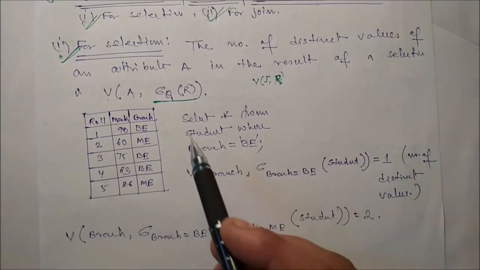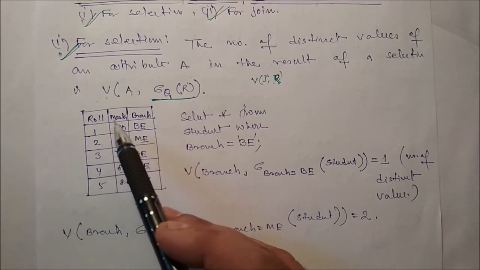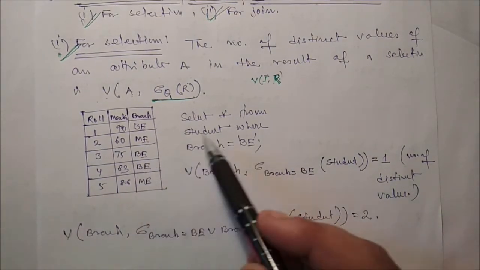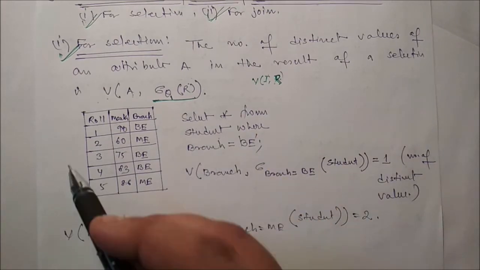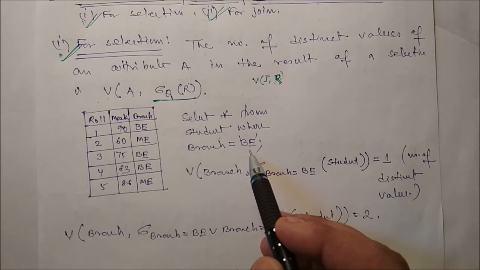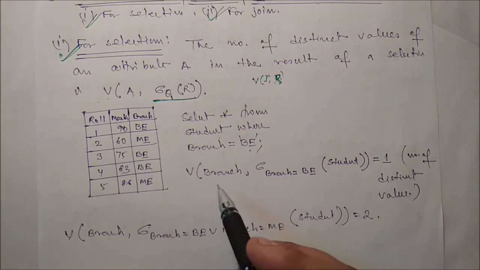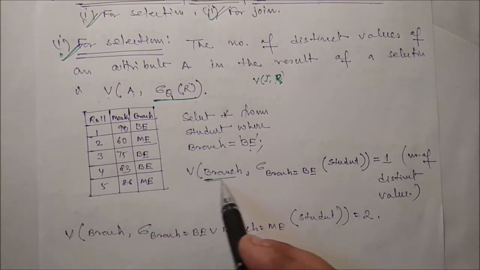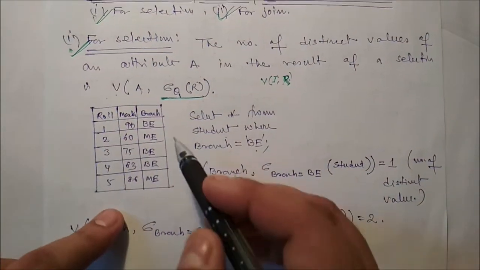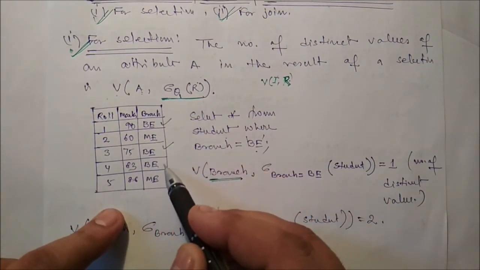So this is our table, with roll number, name and branch. Suppose we want to apply select asterisk from student, where branch is equal to BE. The attribute here is branch, and it will return how many BE records there are, 1, 2 and 3.